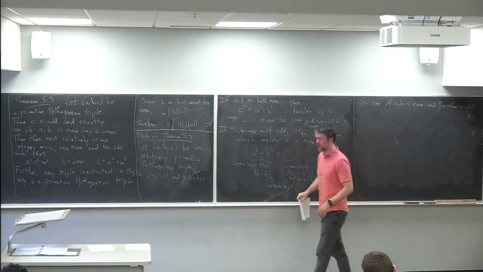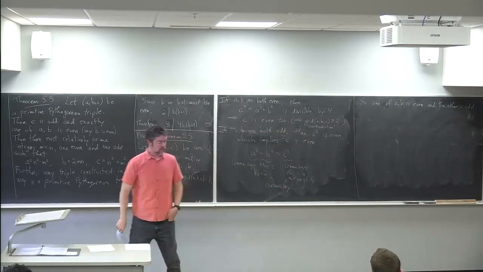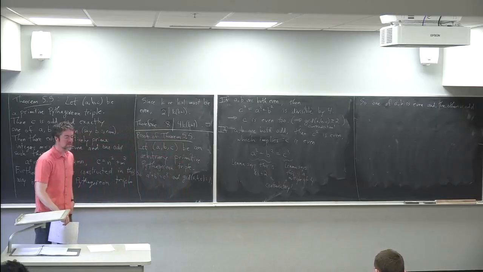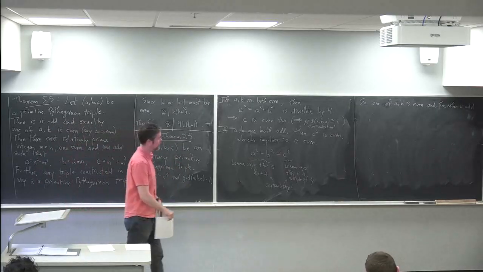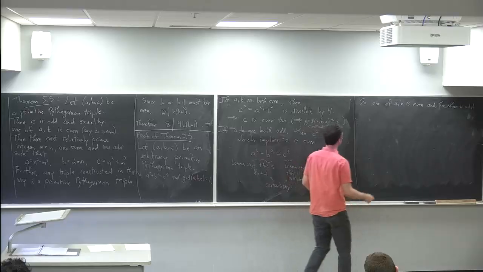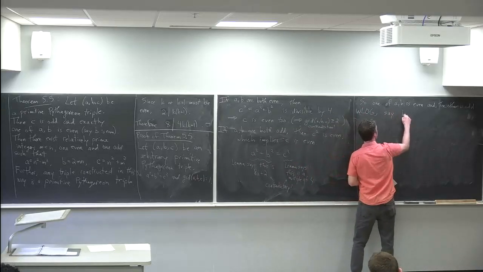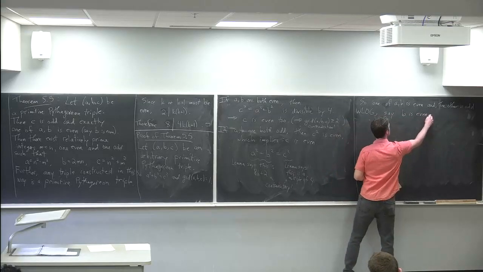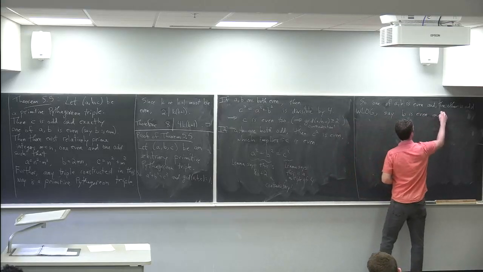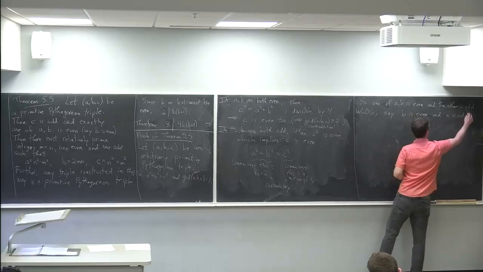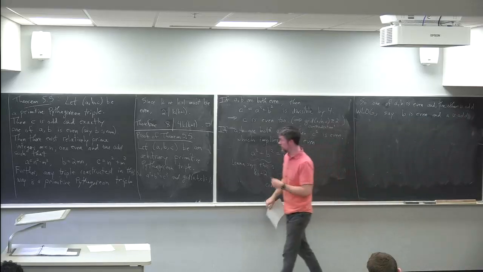Now they're kind of symmetric in this discussion, so we can relabel them if we need. So it's kind of natural to just say, without loss of generality, let's say B is even and A is odd. So B is going to be the even one, A is going to be the odd one.